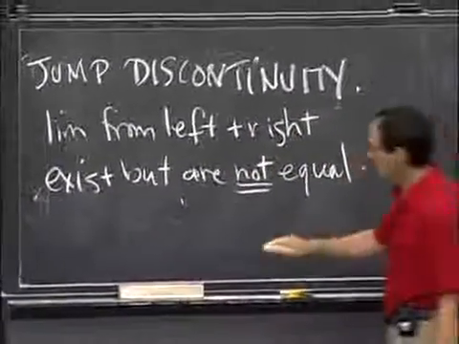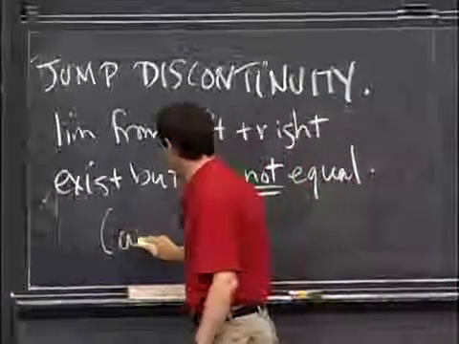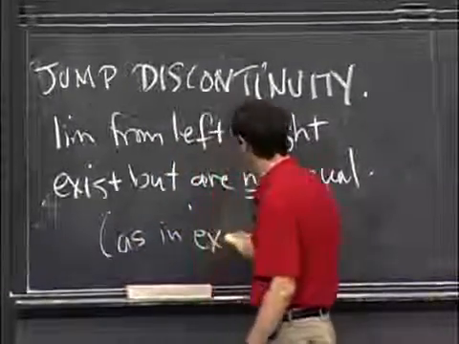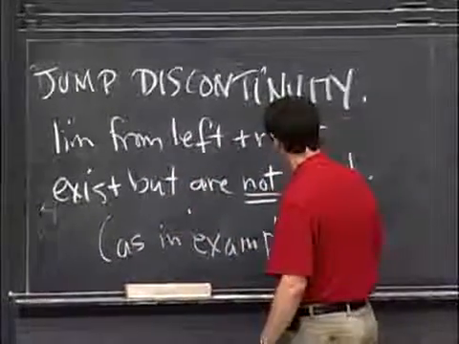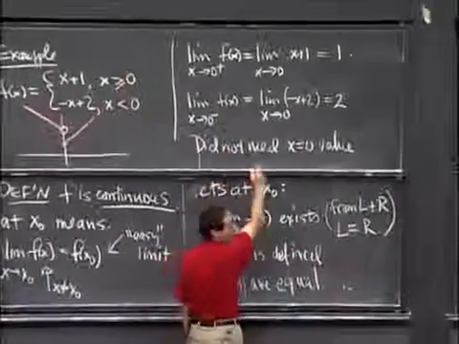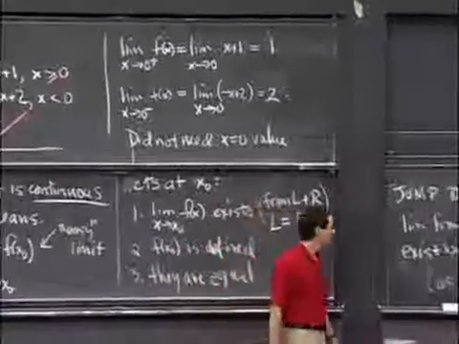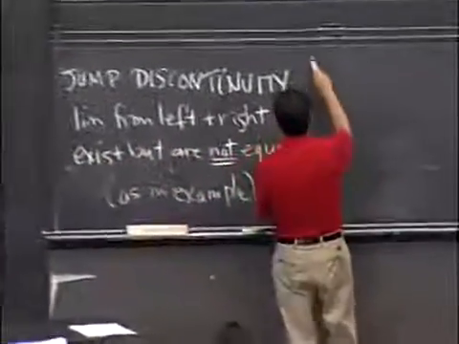Okay, so that's as in the example. In this example, the two limits, one of them was 1 and one of them was 2. So that's a jump discontinuity.